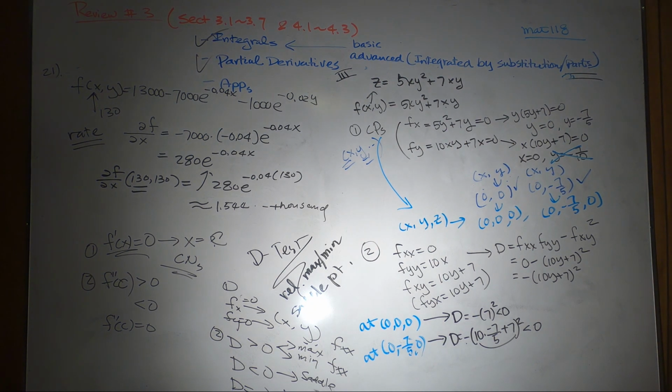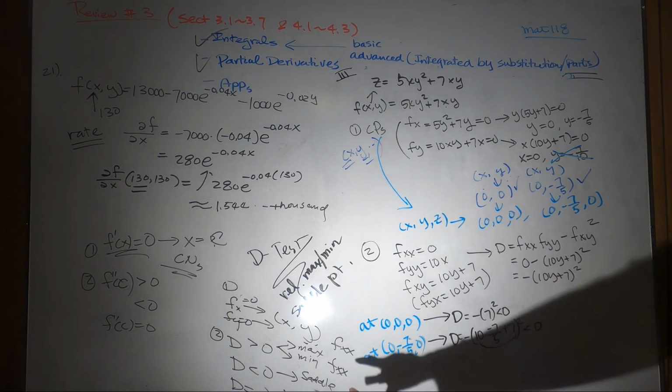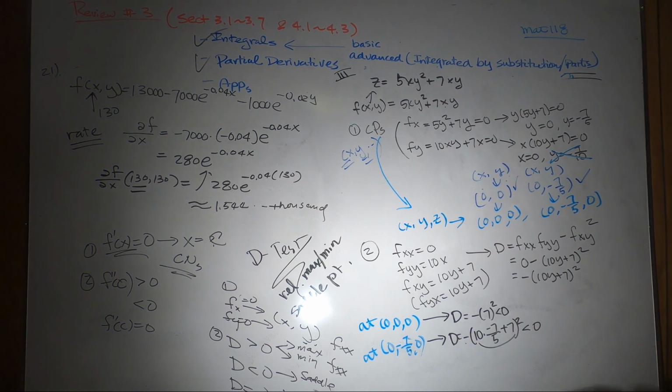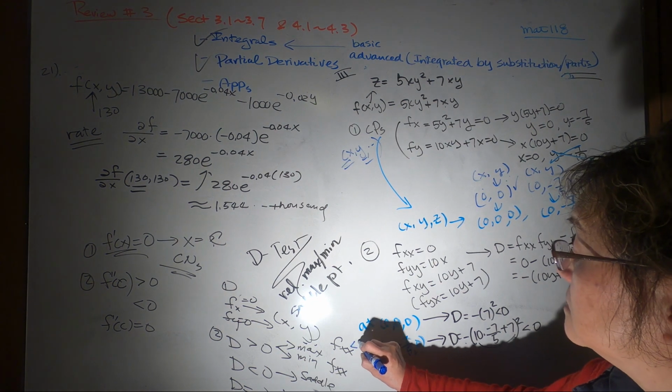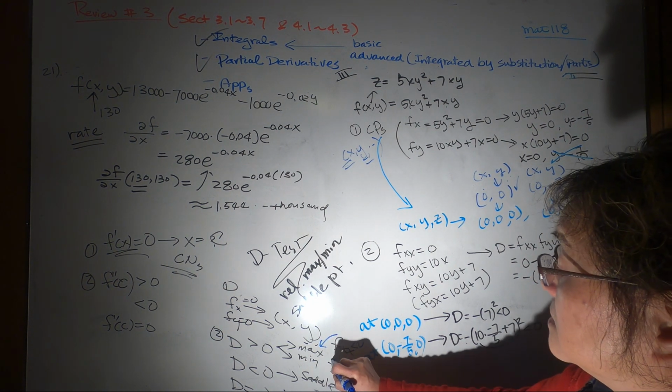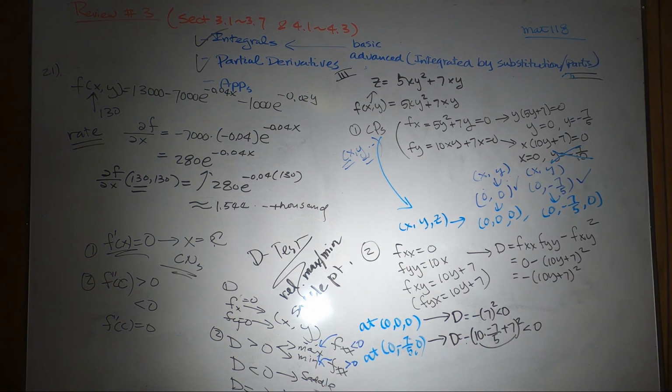For your section 4.3, on page 97, we say if D is bigger than 0, then if f_xx is less than 0, you have a maximum. If f_xx is bigger than 0, you have a minimum, right?